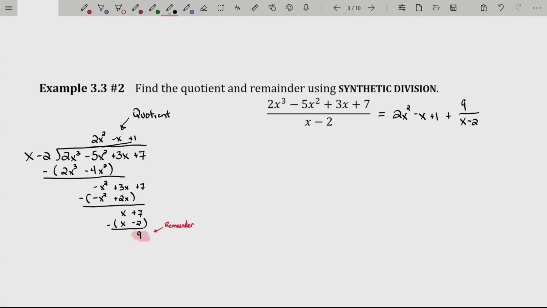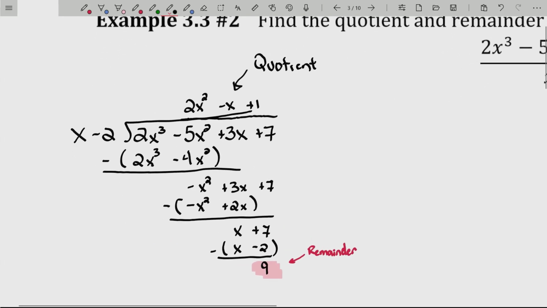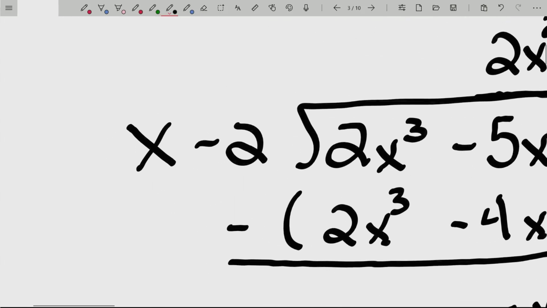Now, synthetic division. Now that we know kind of what the quotient should look like and what the remainder is, let's introduce a new method. So if you're going to use something called synthetic division, I just want to make a note here that when you're dividing by x minus 2, you're really saying that if x minus 2 is a factor, well, we know this from a previous theorem that we were introduced to.